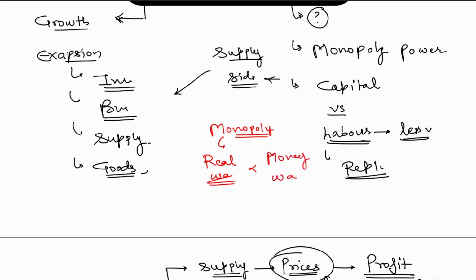What are these money wages and what are the real wages? What is the definition of these? Money wages are the nominal wages, or the amount paid to a worker, not adjusted for inflation. It has no relation with inflation.